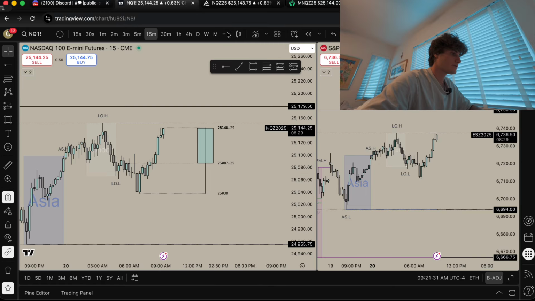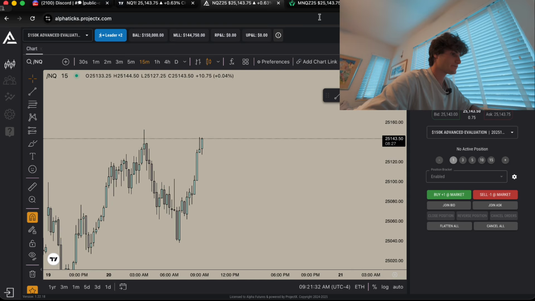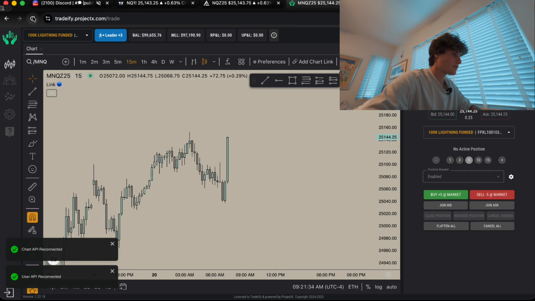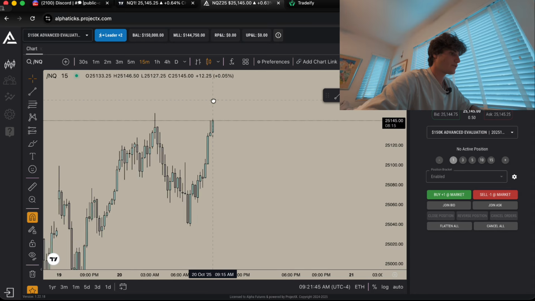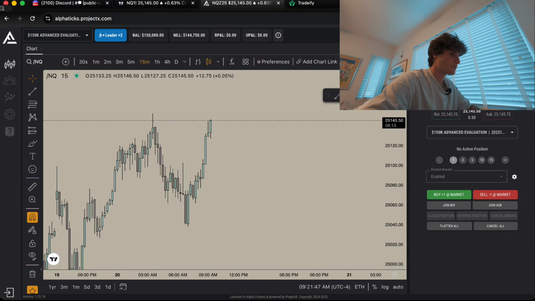Just playing it, seeing. Holy shit, Tradeify's PROJECTX is tripping. It's not working at all. Alpha Future seems to be working. Tradeify is just not there. Let's see.